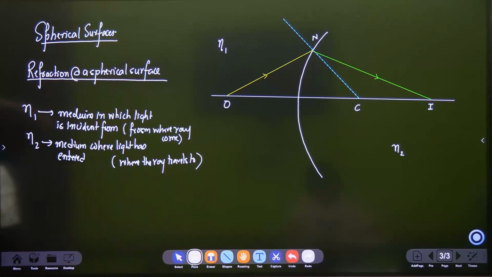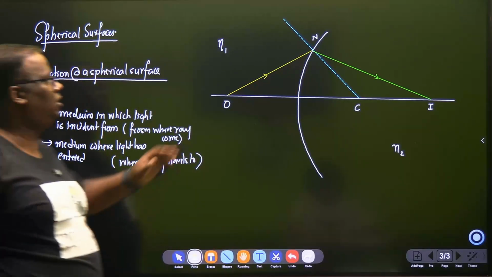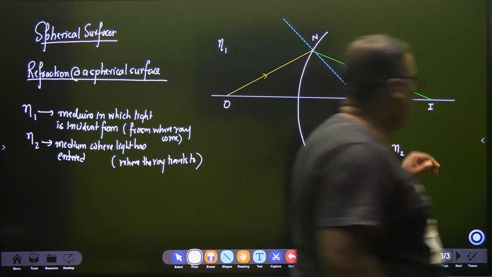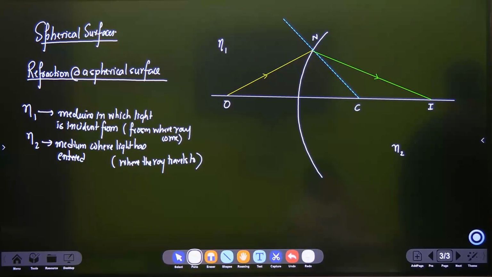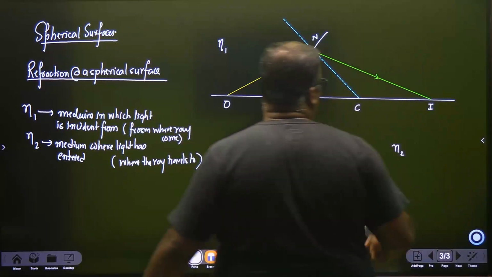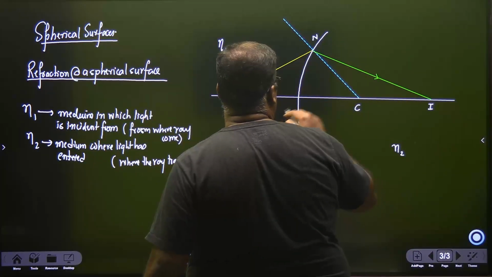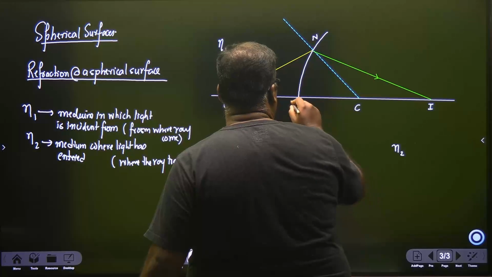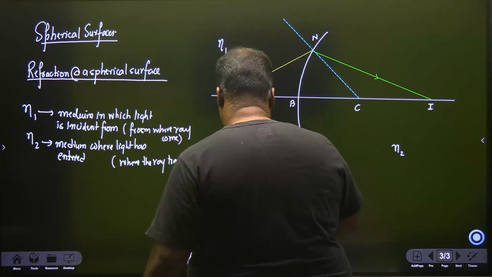Now we find the ray is coming from the air, which has refractive index N1, and now it has gone inside the spherical surface, which has refractive index N2. Okay, so we can take one point B out here.